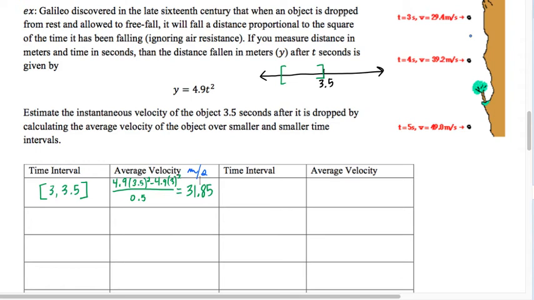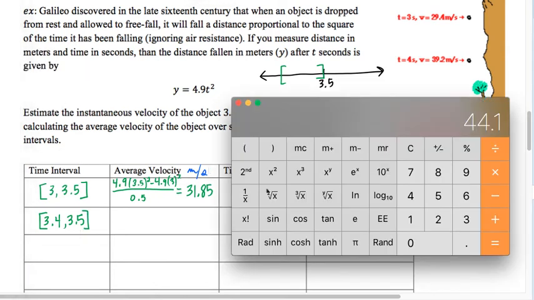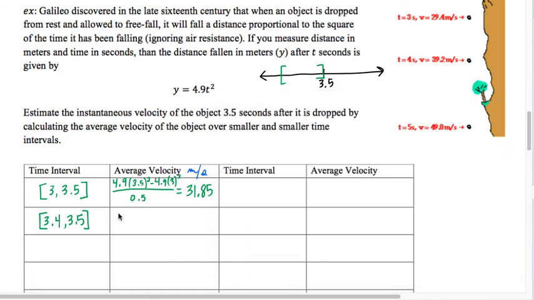So we need to get a better approximation, so we could take a smaller time interval. Right, we could go from maybe 3.4 to 3.5. Okay, so if we do that, let's see, plugging in 3.5, we'll have 3.5 squared times 4.9. It's the same as it was with the first set I did, so 60.025.